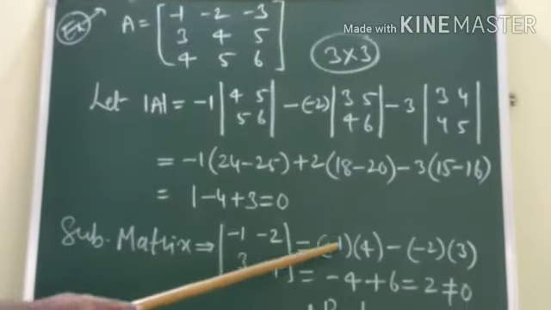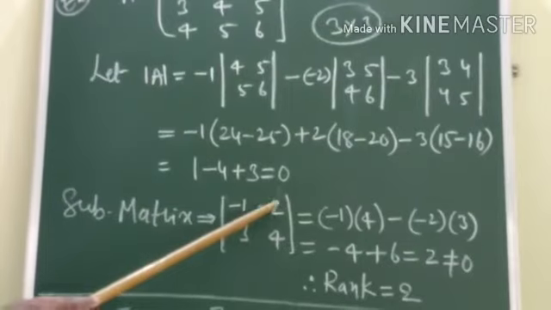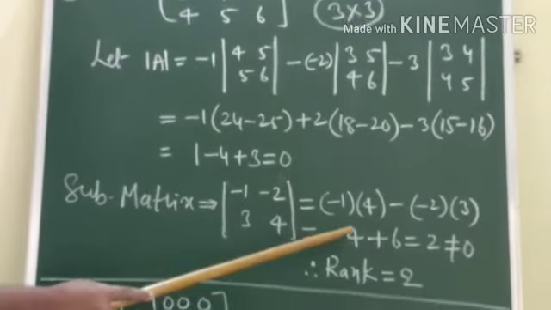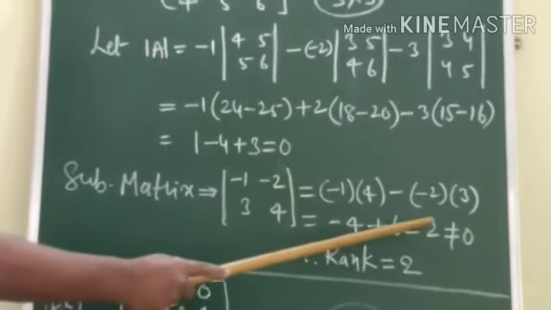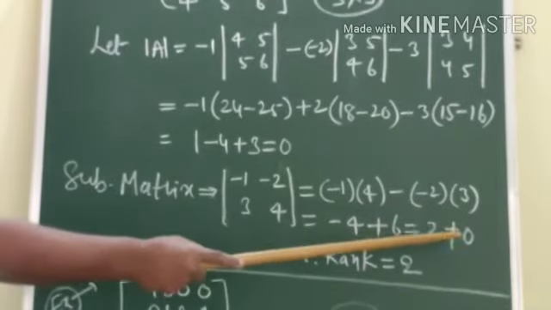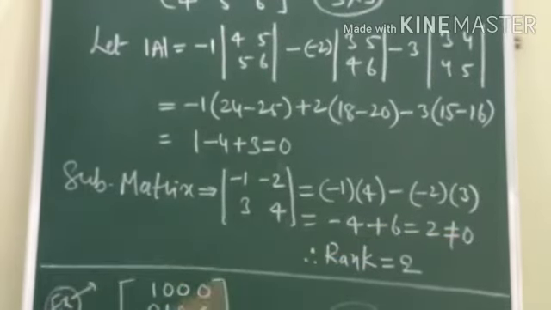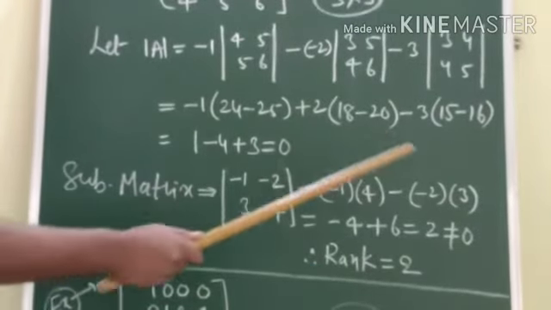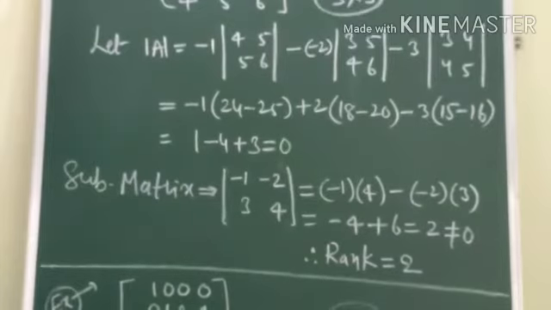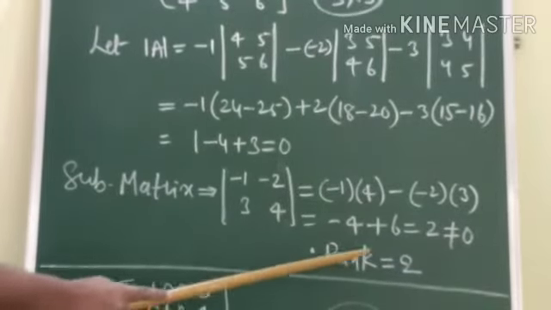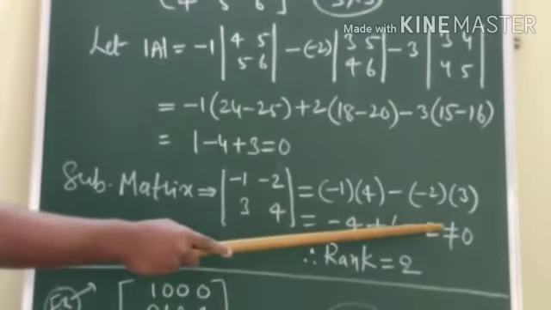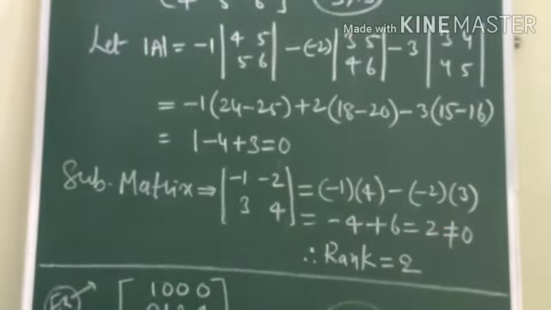Minus 1 into 4 minus 2 into 3 by cross multiplication, we get minus 4 plus 6, that is equal to 2. Here determinant is not equal to 0. That means if the 2 by 2 submatrix determinant is not equal to 0, then what is the rank of the matrix? The rank is 2. Suppose here if you get 0, then what happens? Rank is 1.